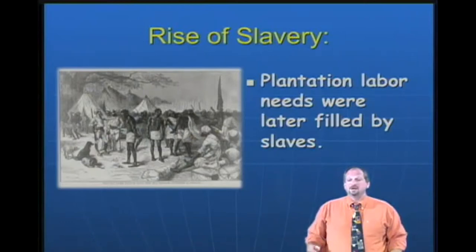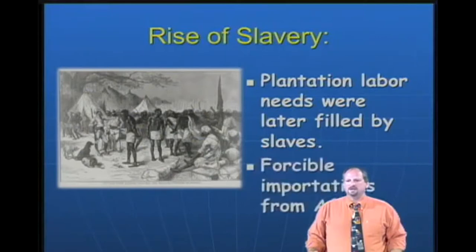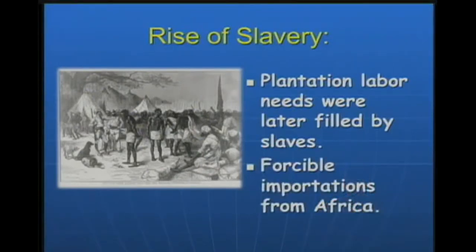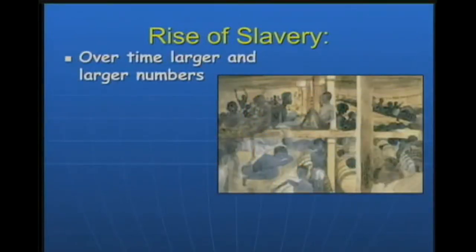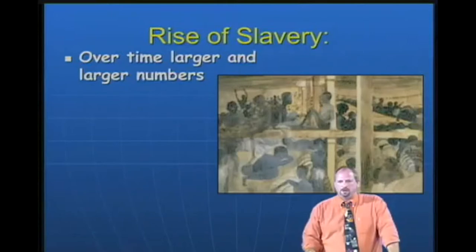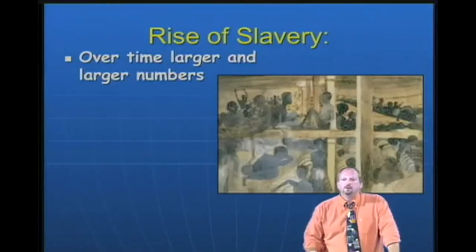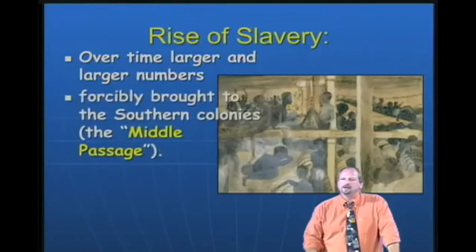The vast amount of labor required to run a tobacco, a sugar, an indigo, or a rice plantation could not be filled by the indentured servants. And the southern colonies turned to the African slave trade. The forcible importation of these Africans filled that void. Over time, larger and larger numbers came to the New World, especially here in the South.